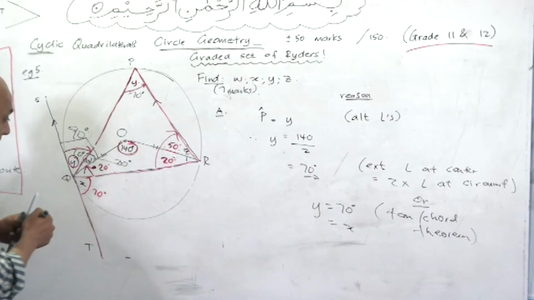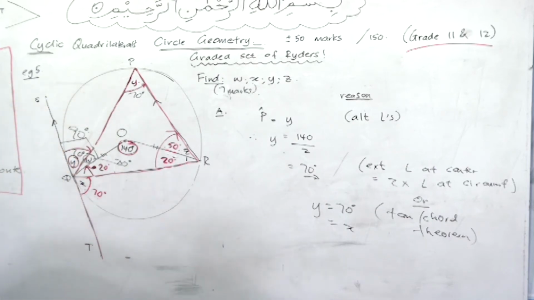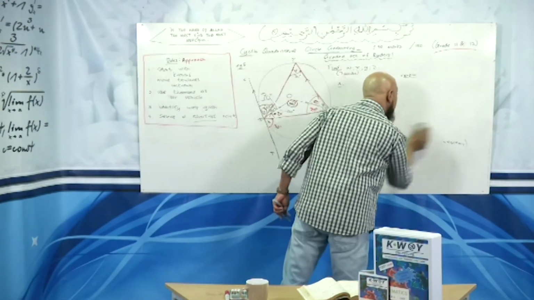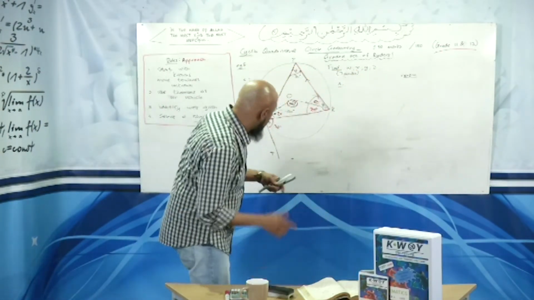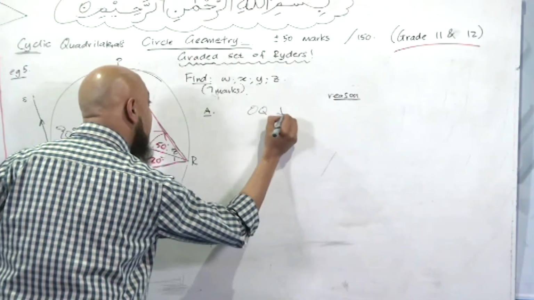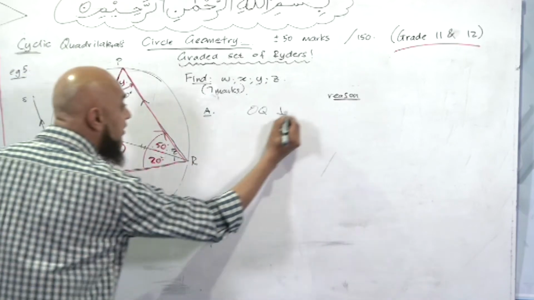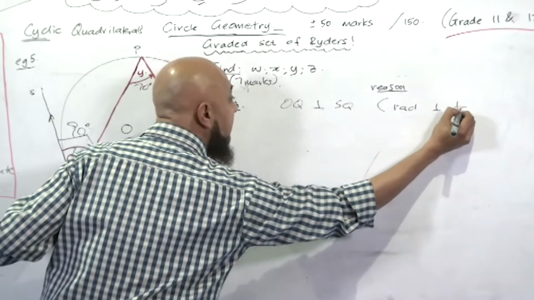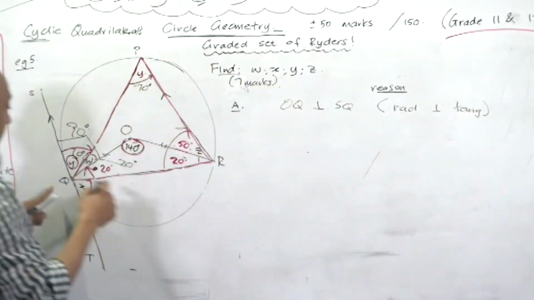So we have to put the justification there. How are we going to put the justification? Let's go back. We're now going to say that OQ is 90 degrees to SQ, because radius is perpendicular to your tangent. So that's 90.